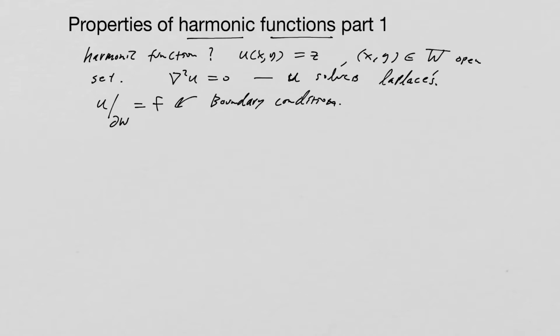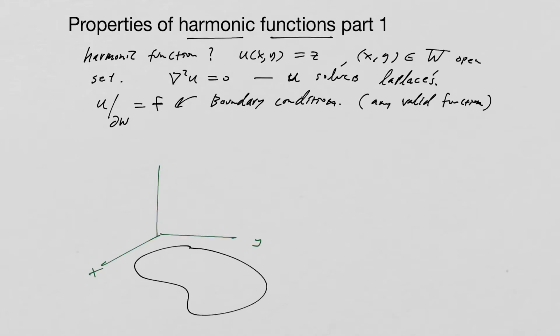Okay, so if we have some boundary condition, that could be any valid function. So any function that's well behaved, smooth, or piecewise smooth, piecewise continuous, things like that. So again, what we're looking at here is if we have some open set in the plane, and then around the outside edge, that's going to be the boundary of W right there.